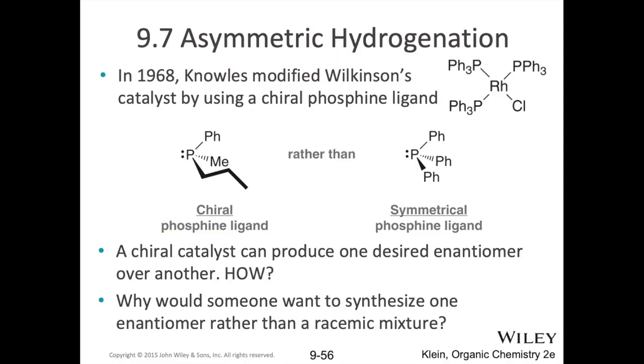And depending on the bulkiness of these groups that we're using here, that will definitely force you to make one product versus another. Okay, so Knowles here, a modified Wilkinson's catalyst. I believe Knowles was one of the scientists who won the chemistry Nobel Prize, along with Noyori and Sharpless, I think, for work with this sort of asymmetric catalysis.